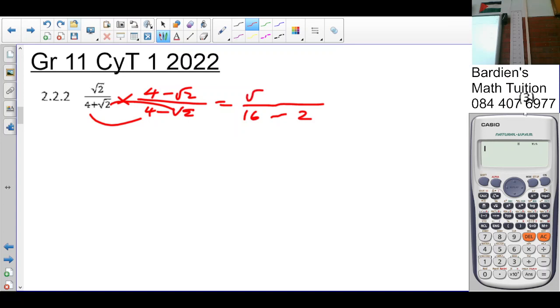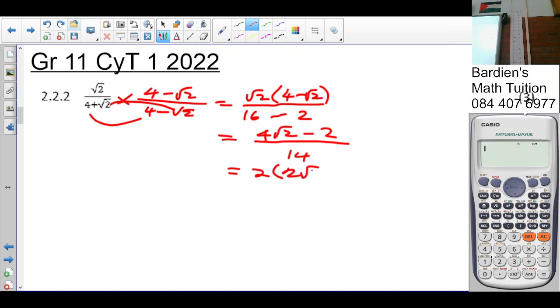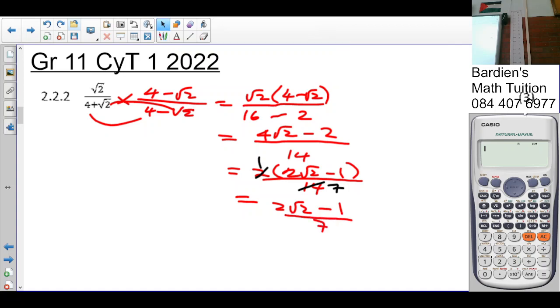What is 16 minus 2? 14. Then root 2 into 4 minus root 2: 4 times root 2 is 4 root 2, and root 2 times root 2 is 2. But you see, 2 is a common factor there. You all see that. So 2 out as a common factor, it's going to be 2 root 2 minus 1 over 14. 2 goes into 2 once, 2 goes into 14 7 times. So it's 2 root 2 minus 1 over 7. Okay, any issues there? No?